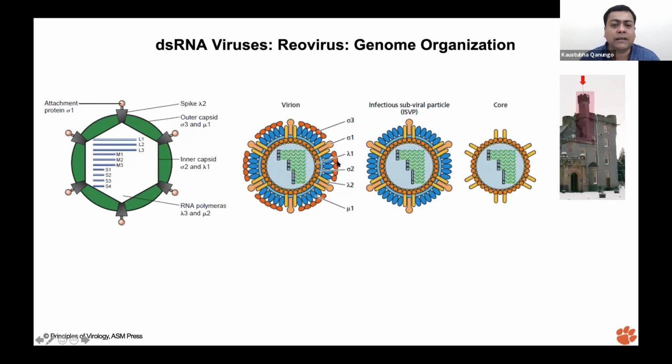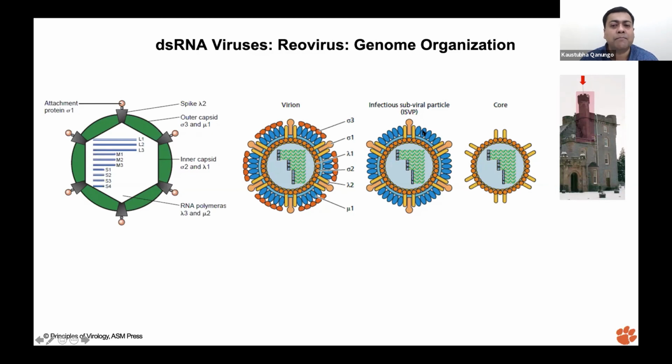So what you are seeing is the strategy of what happens once the reovirus goes into the acidic endosome: the sigma 3 proteins right here are digested by the lysosomal enzymes. And it exposes these blue proteins, the mu1, which have hydrophobic residues on top, through which it is able to penetrate the endosomal membrane. And this is called the infectious subviral particle.